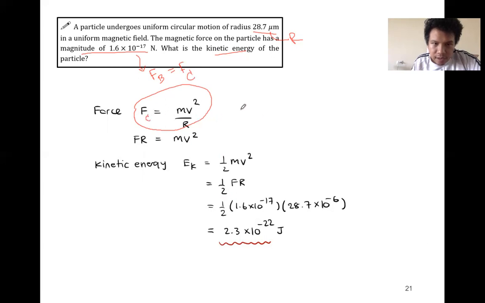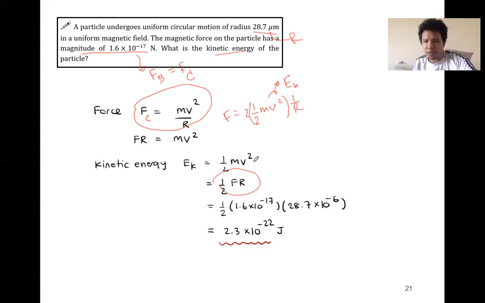When we have mv squared over r, I put half, and I put 2 times 1 over 2, and then mv squared is still here, and 1 over r is still here, and this is the kinetic energy. So now you can write down the kinetic energy in terms of F and R, which is half Fr, and you can use F and R from the question to calculate the kinetic energy.